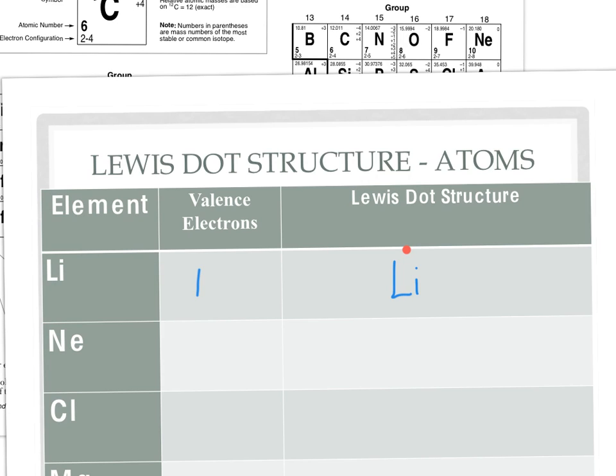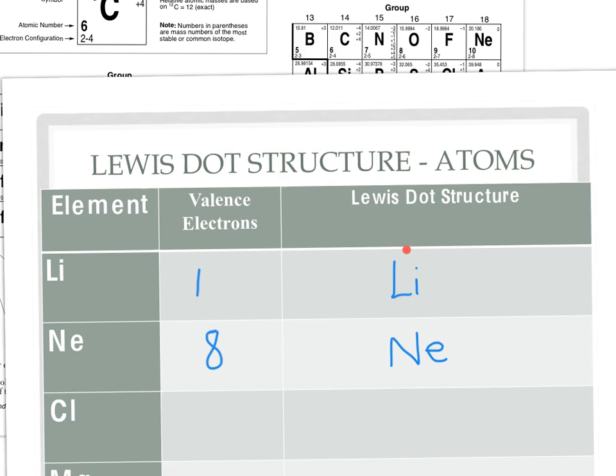So now let's take a look at the next example, which is neon. And neon is one of our noble gases, and it has an electron configuration of 2-8. And of course, we all know that the valence electron is 8 for the noble gas. So we will write down 8. And we will write the Lewis dot structure for neon, which is basically just Ne plus 8 dots around it.